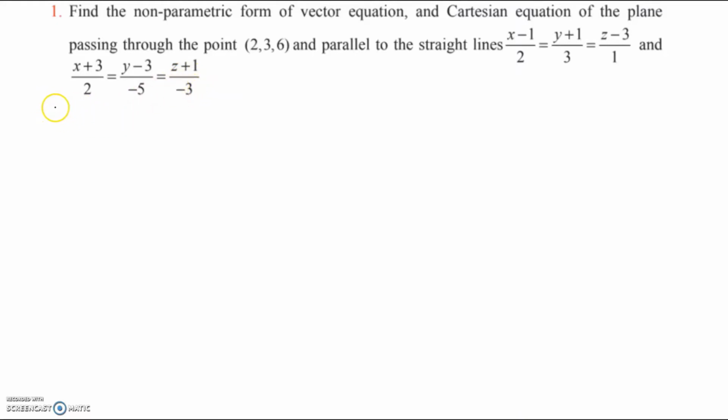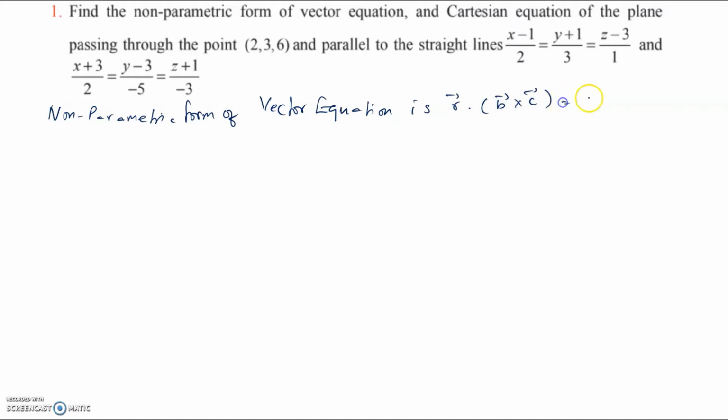Now, the non-parametric form of vector equation is r dot (b cross c) is equal to a dot (b cross c), where r is a position vector of any point P in the plane and a vector is a point on the plane which is already given here.